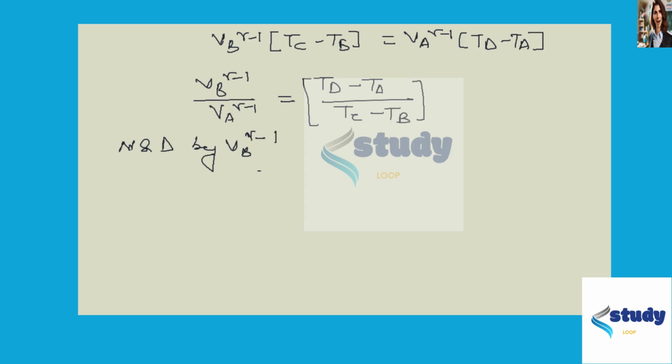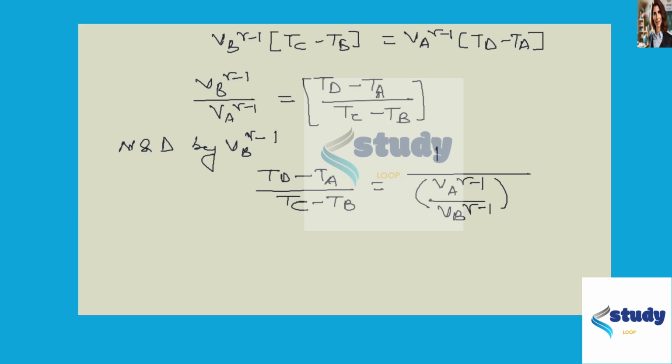So we can say that TD minus TA upon TC minus TB is equal to 1 upon VA^(rho minus 1) upon VB^(rho minus 1), which is 1 upon (VA upon VB) to the power rho minus 1.